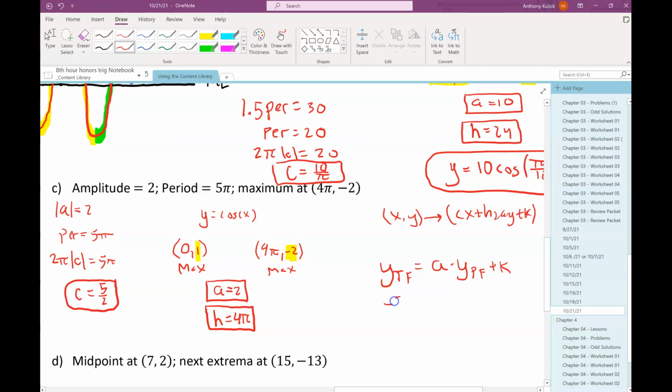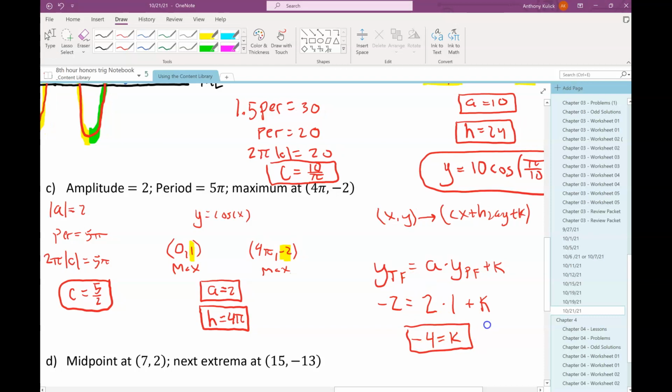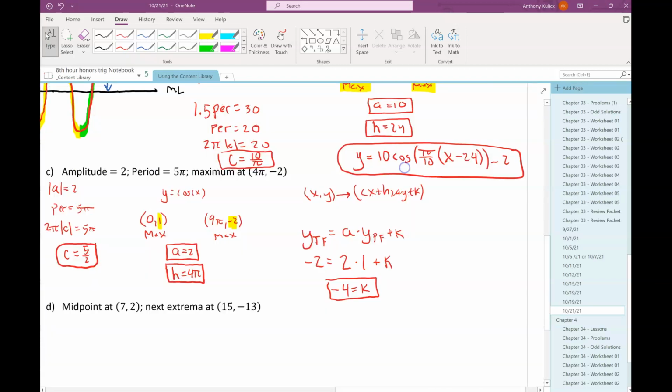So the y coordinate for my transformed function is negative 2. My A is positive 2. The y for my parent function is 1. So that will allow me to solve for K. So 2 times 1 is 2, and I subtract it over. So K is negative 4. And that's all I need.